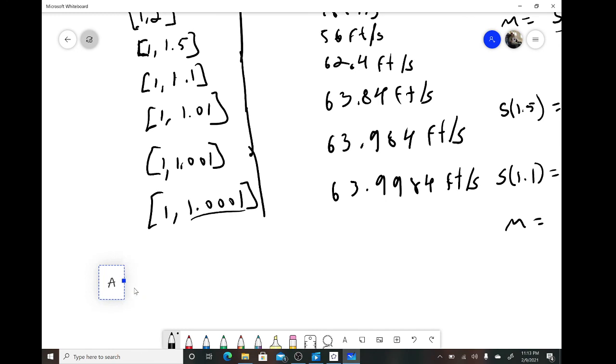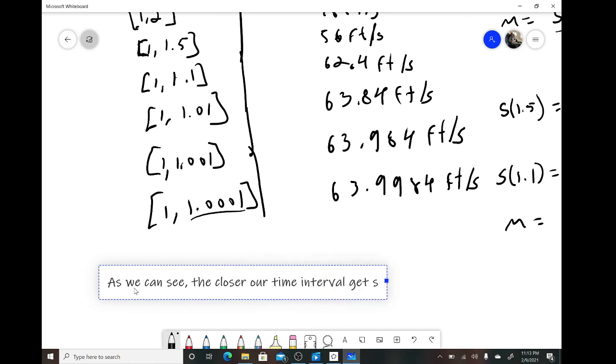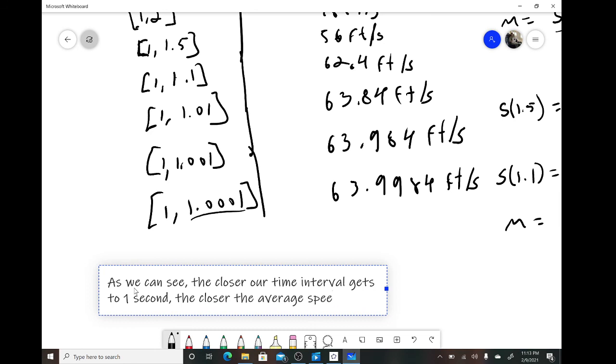So, as we can see, the closer our time interval gets to 1 second, the closer the average speed, or not speed, it's velocity, average velocity gets to 64 feet a second.